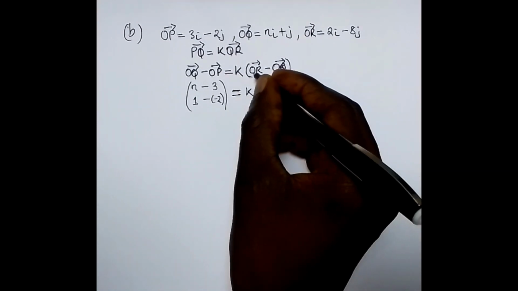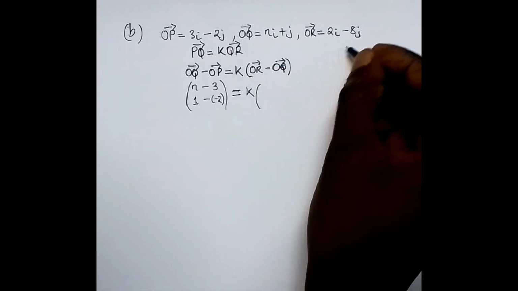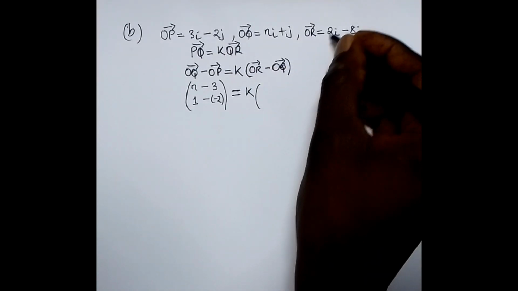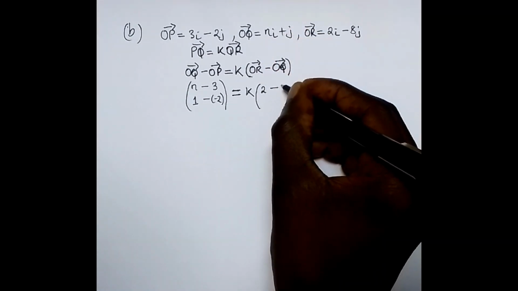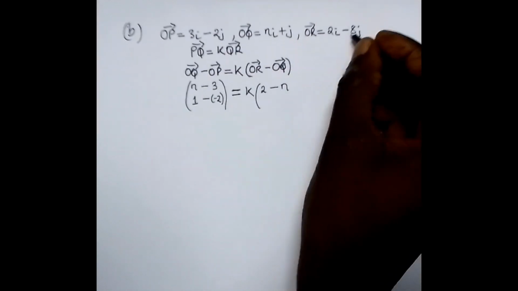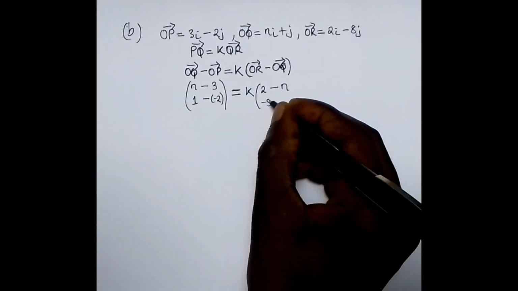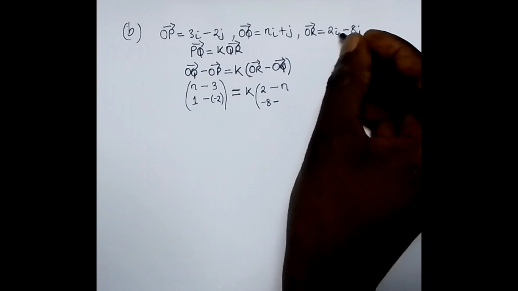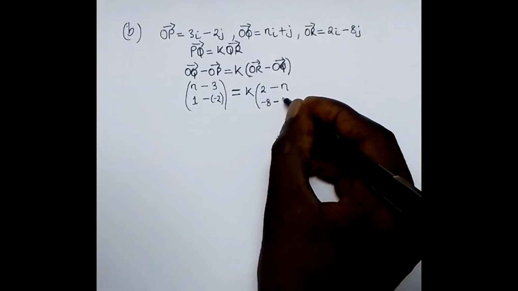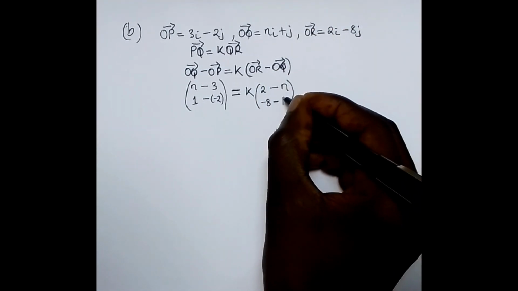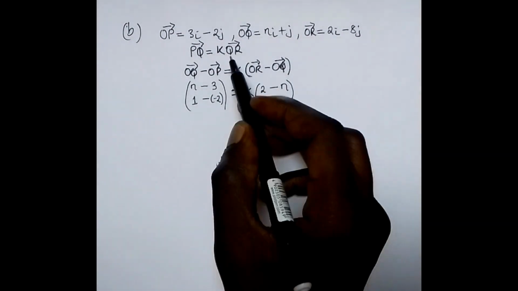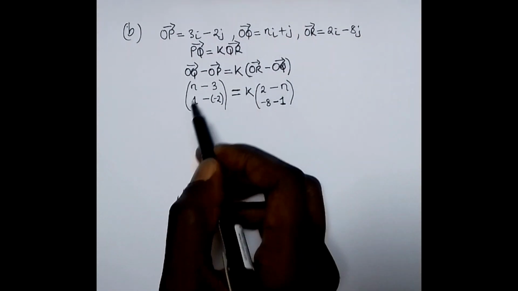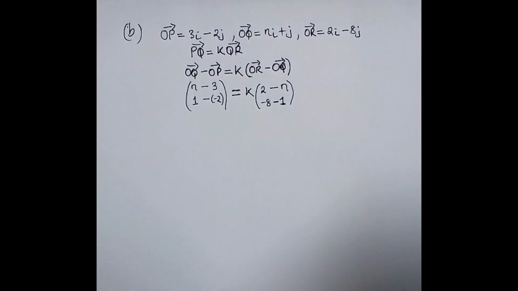Then on this side we subtract OR vector minus OQ. So OR, we start with the x component 2, subtracting n, which is the x component here. And then y component negative 8, subtracting 1. This is our subtraction for the vectors QR on the right side, and PQ on the left side.